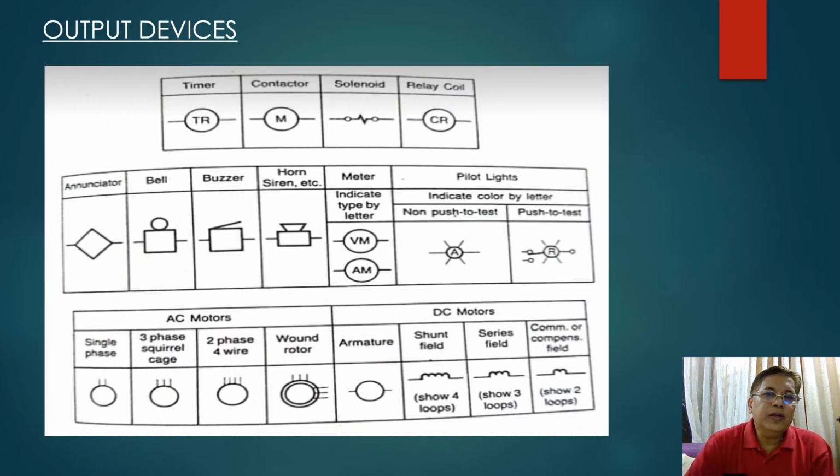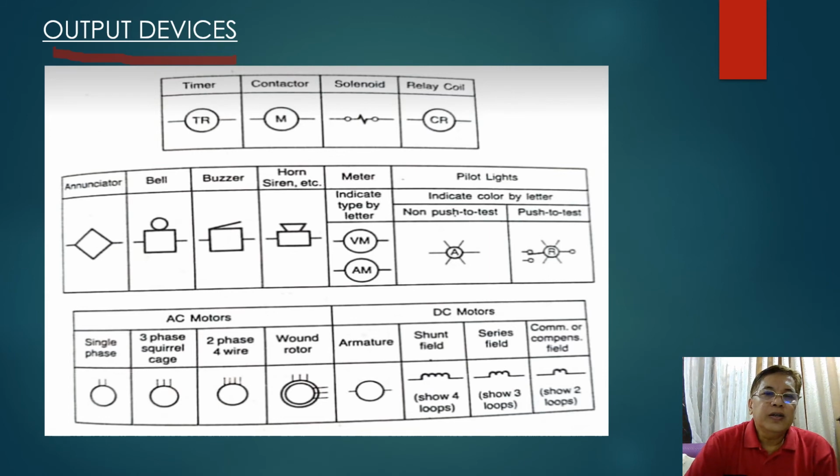Then we have here some of the output devices, which can also be found in the different industries. We know that the output device in PLC can be represented by a coil. The input devices are represented by normally open or normally closed contacts.